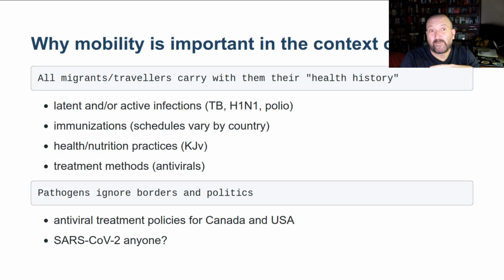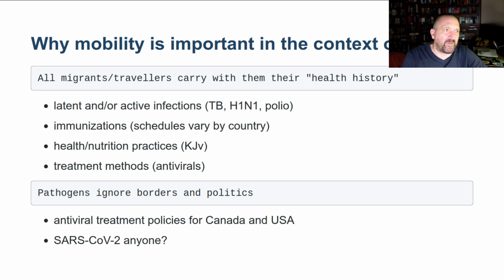But mobility altogether is super important in the context of health, because these are the two main points that I want to make. First of all, whenever you travel, whenever you are mobile, you bring with you your health history. For instance, latent or active infections that you may have.